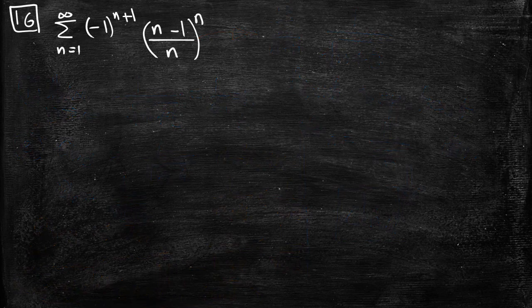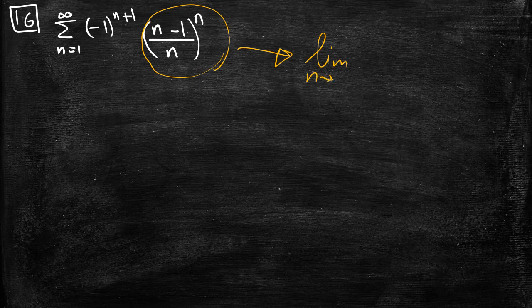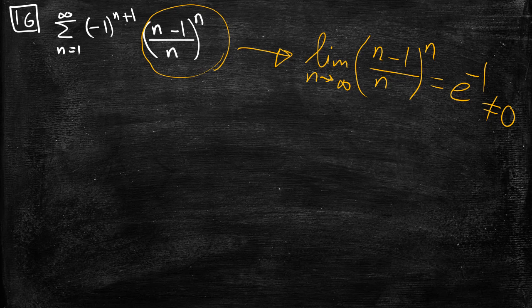What about this one? Again, to test this one in the positive series first, we did this multiple times. The limit as n approaches infinity of ((n minus 1) over n) to the power n, we'll figure out is e to the power negative 1, which doesn't equal 0. So this is not equal to 0, and using the divergence test, this series is divergent.